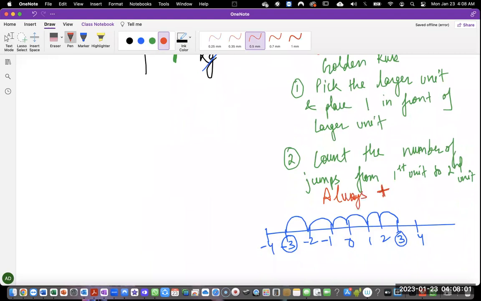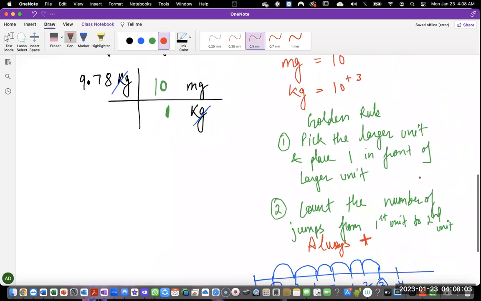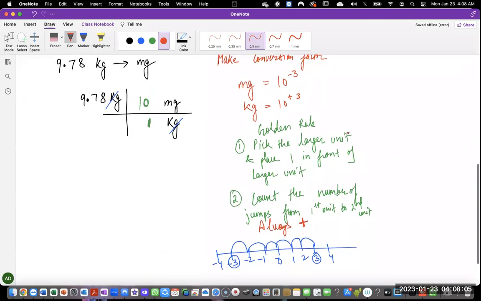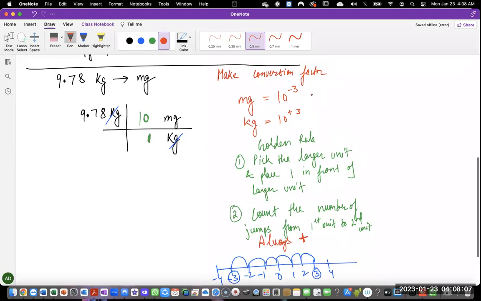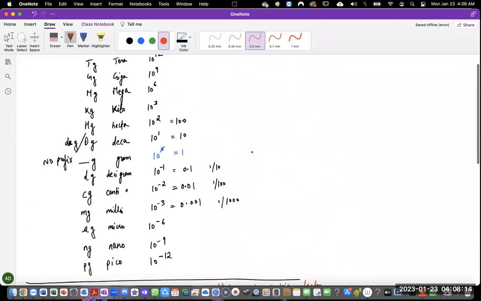Don't forget that, guys. No matter what type of conversion you're doing, whether you're going from the negative unit to the positive unit, or positive to positive, or negative to negative, does not make any difference. So what I'm trying to say, you're going from these positive numbers to the positive numbers, or positive to negatives, or negatives to positive, does not make any difference, guys.